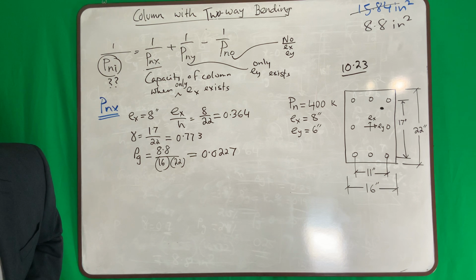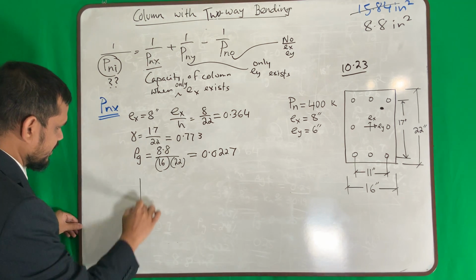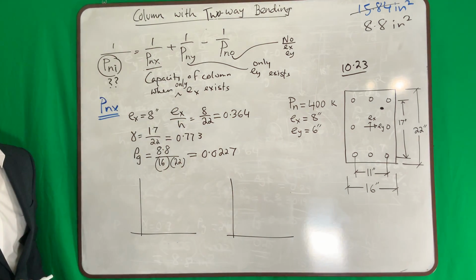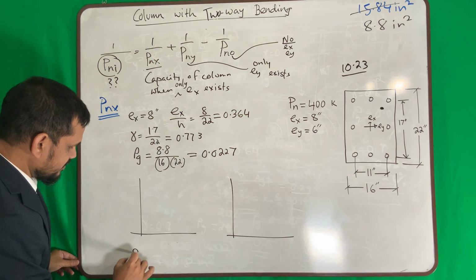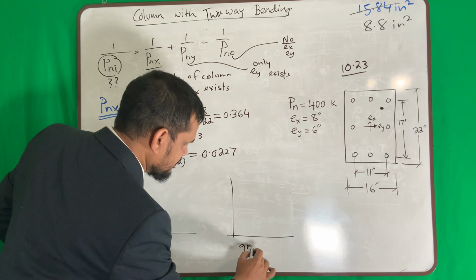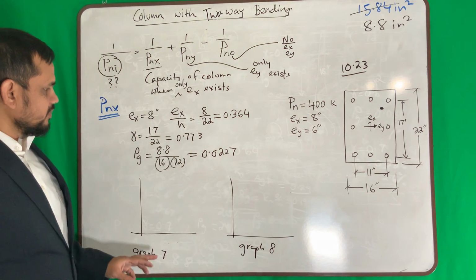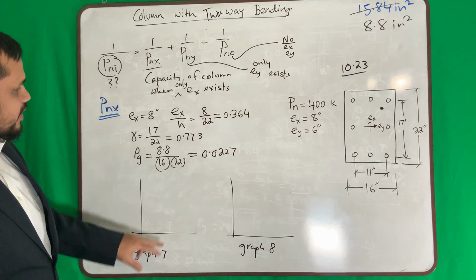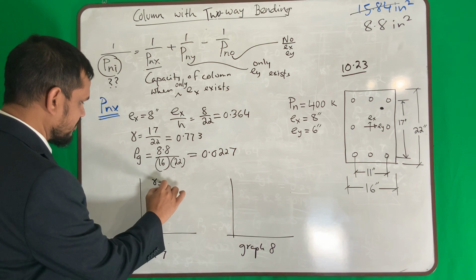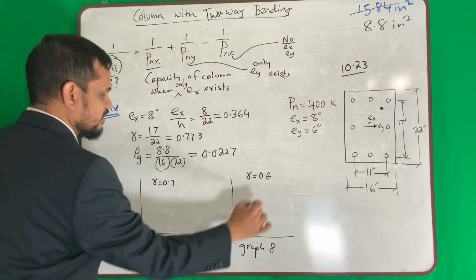Okay, then how to find this? That will be a challenge. So we'll go to the curve graphs. This will be graph 7 and this will be graph 8, because graph 7 is for gamma 0.7 and graph 8 is for gamma 0.8.